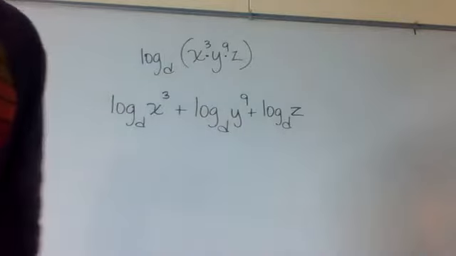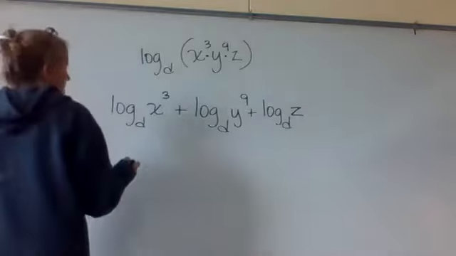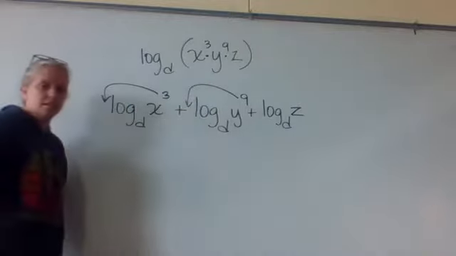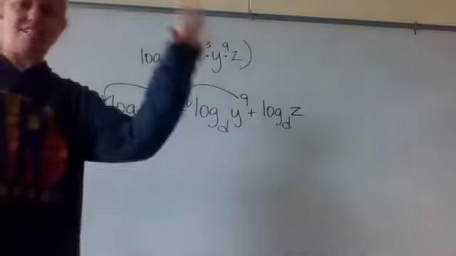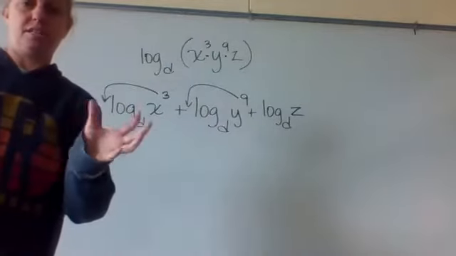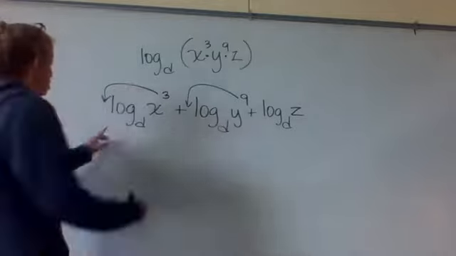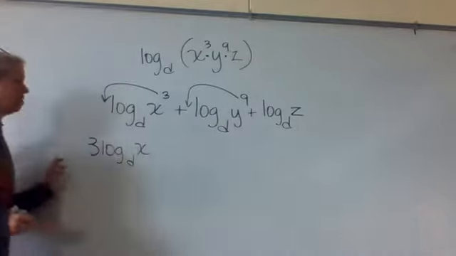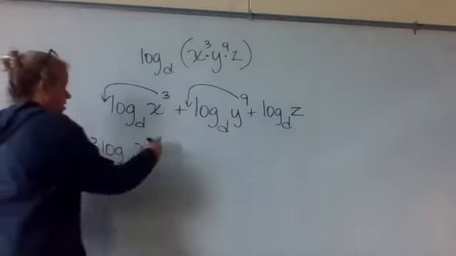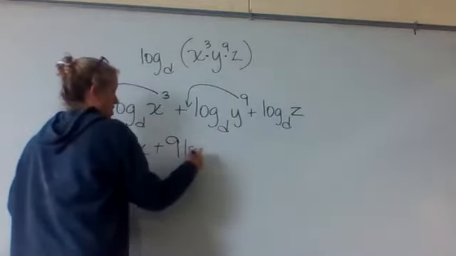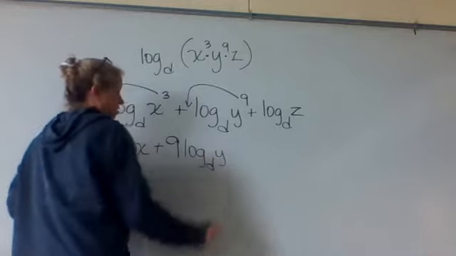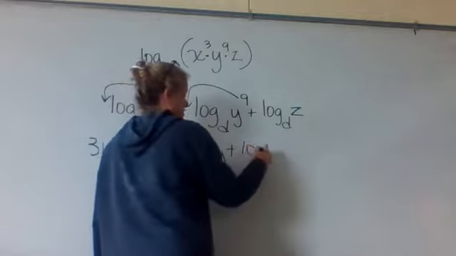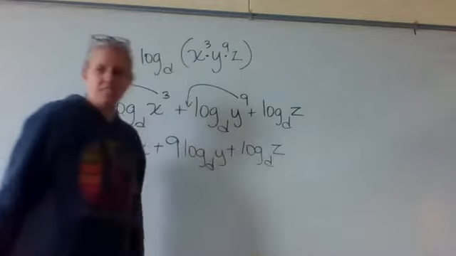Now, also, we can't leave logs with exponents. So the ones that have the exponents, we'll need to bring the exponent down and turn it into the product. So this one will turn into 3 log base D of x plus 9 log base D of y plus this one just stays the same, log base D of z.